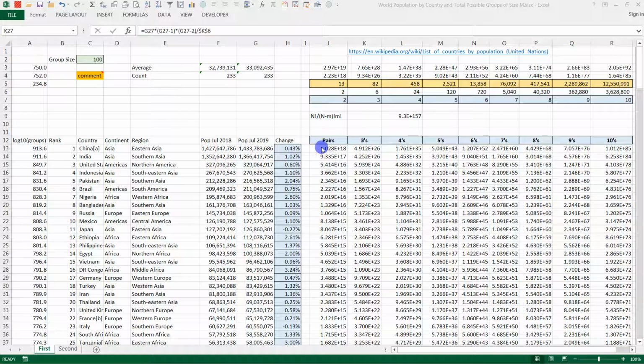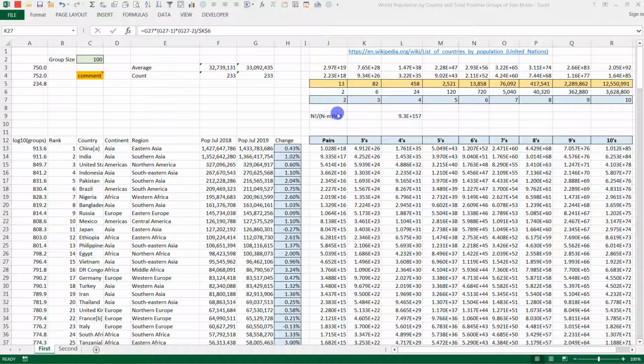So this pairs count here is n times n minus 1 over 2, which is the number of pairs of all the people in China in 2019, and then the number of pairs in India and so forth.